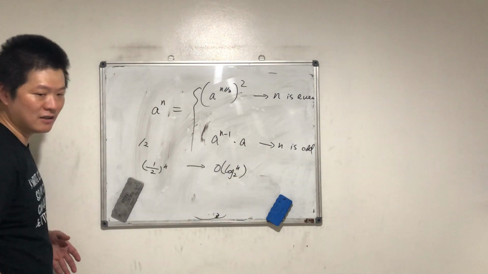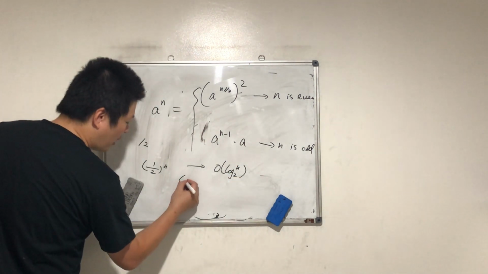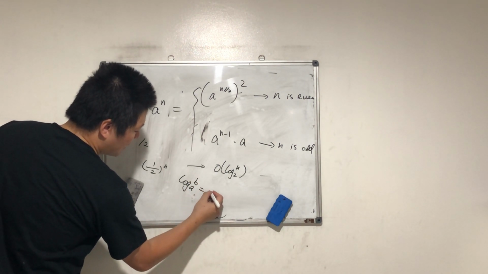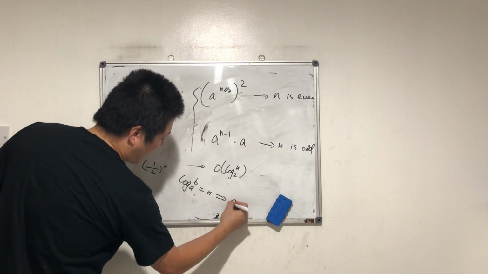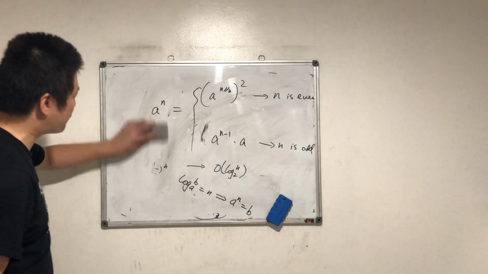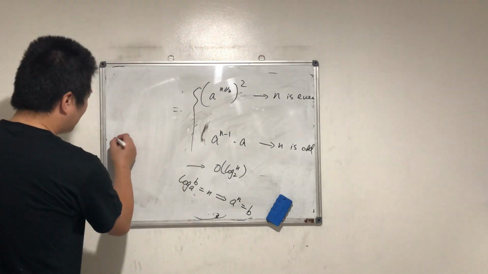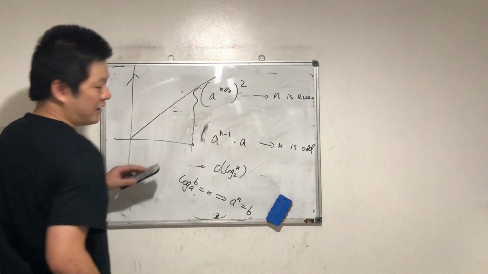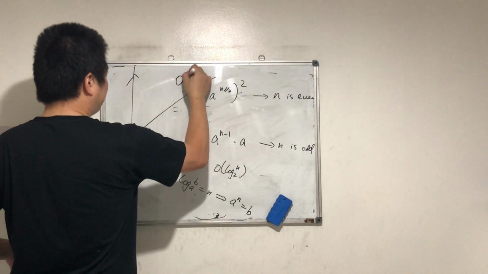What's the log function? Log base a of n equals b, can we write it as a to the power of b equals n, okay? So if we draw this axis, previously we have this O(n), linear.